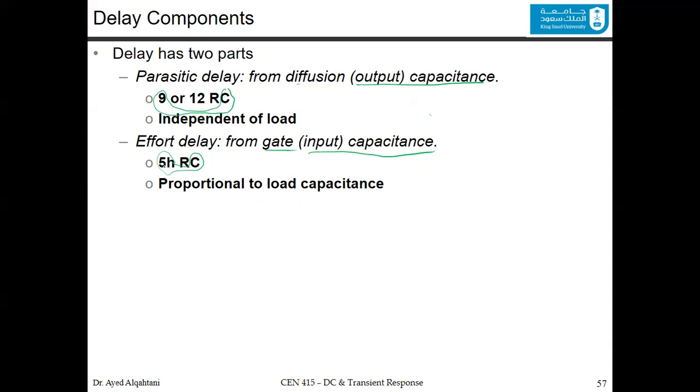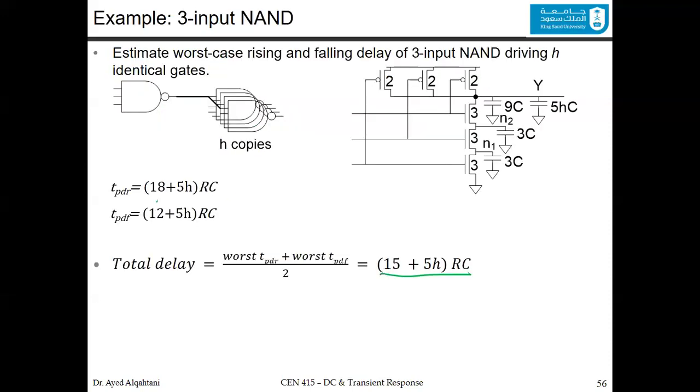So how much effort is this gate doing when it's connected to other gates? It's proportional to the load capacitance that you are connected to. These are the delay components, and we explained them in the previous example. Basically, just to make it short, the output capacitance or parasitic delay, you look at it from this direction, and the gate capacitance or the effort delay, you look at it from this direction.